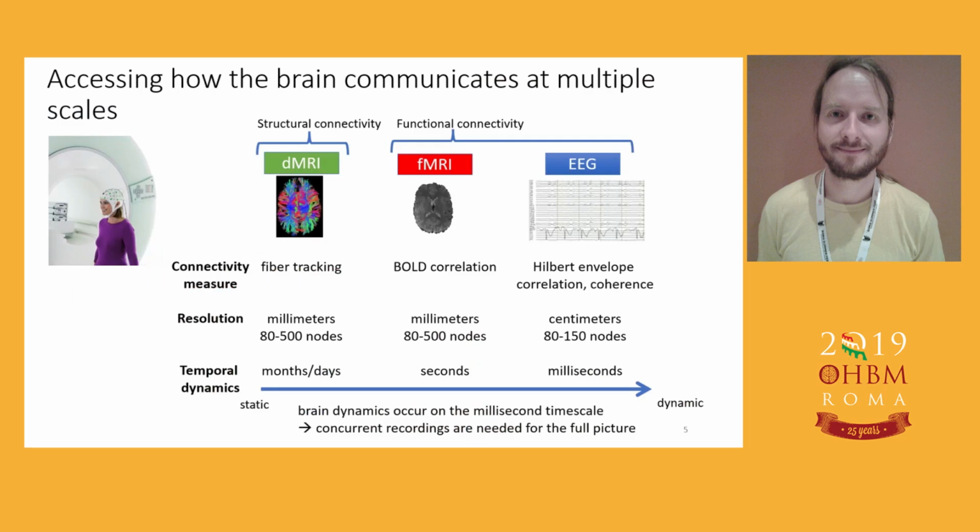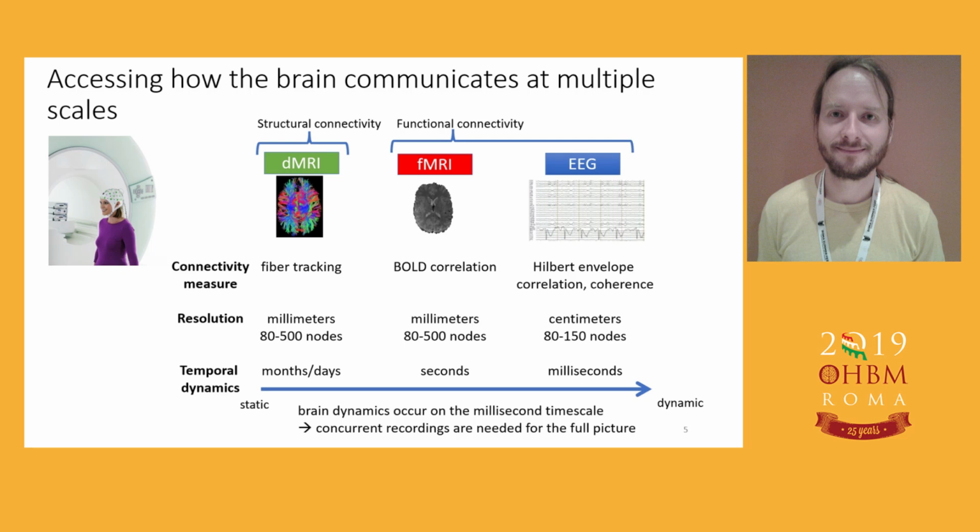To sum this up, when we're measuring diffusion MRI, we have really no temporal dynamics at all. The structural connectome will change in months or days. We have a really good spatial resolution of our MRI signal. Then when we want to measure the function, of course we can use fMRI with a good spatial resolution, but we cannot get to the real temporal speeds of neuronal activity.